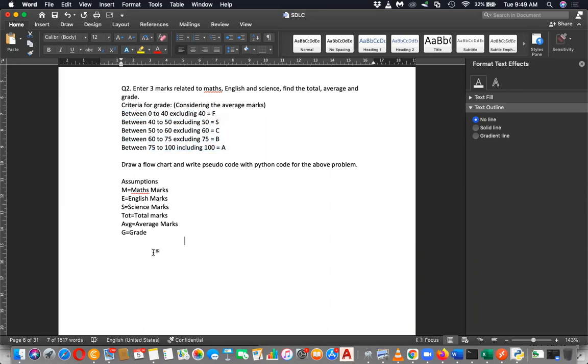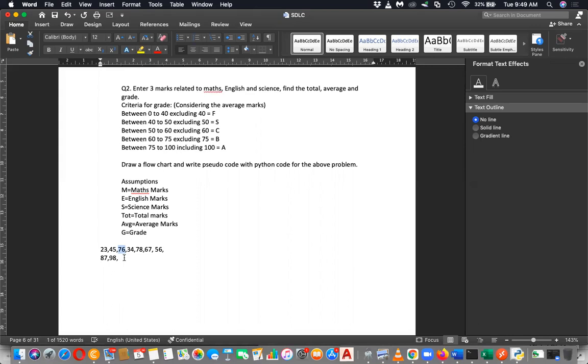Understood? For example, let's say these are the averages of the students: 23, 45. If you separate the averages greater than or equal to 75, I'm going to remove that to the next line. This is greater than or equal to 75, I'm going to remove. This is also greater than or equal to 75, I'm going to remove that.